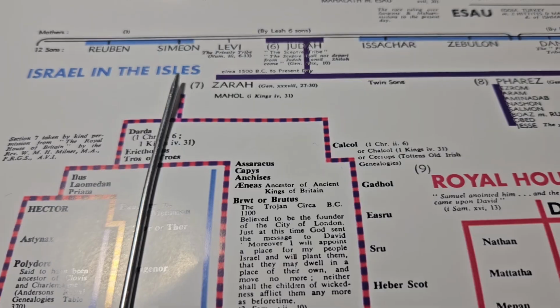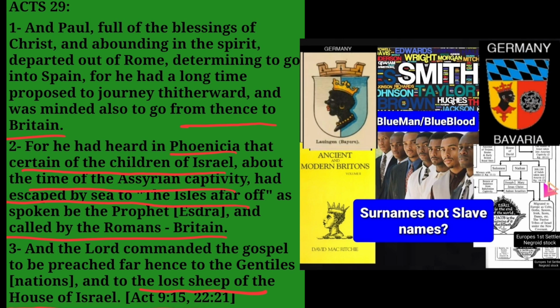Israel in the Isles. Now we're in the book of Acts 29, the lost scriptures, and Paul, full of the blessings of the Hamashiach or Christ, and abounding in the Spirit, departed out of Rome, determining to go into Spain, where he had a long time proposed a journey, and was minded also to go from thence to Britain.